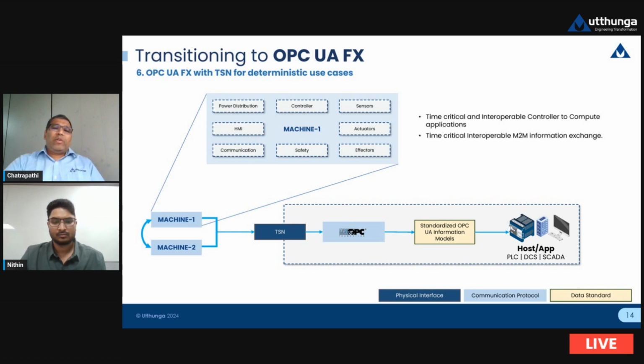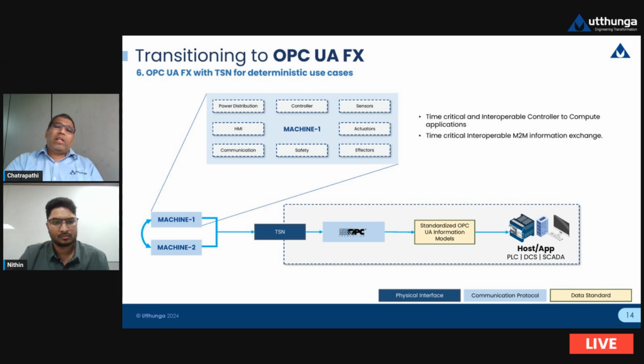So with that, you will have complete OPC FX adapted machine to machine communication. Going further, within a machine, to achieve the same level of determinism, the network within the machine again has to adapt to TSN based networks, and the devices as well should start supporting OPC FX.